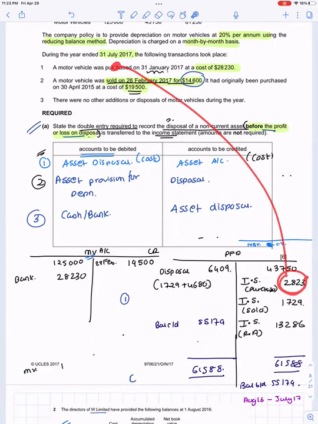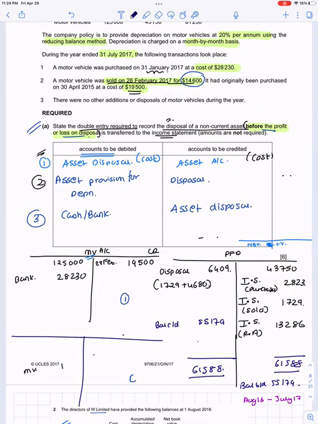Yes. So because of this, what happened? Profit decreased by 2823. I don't need to make the disposal account.